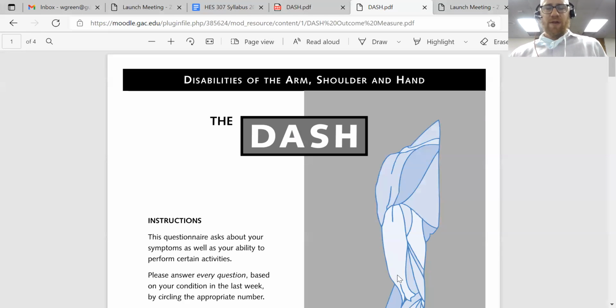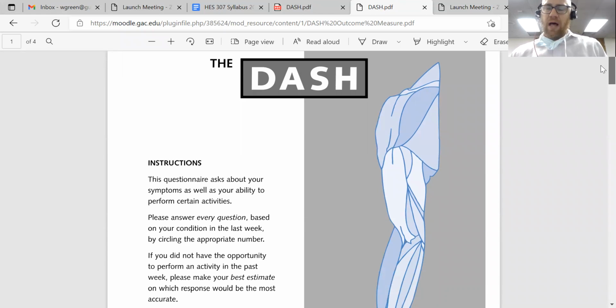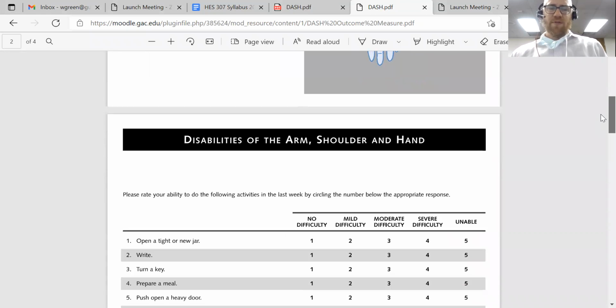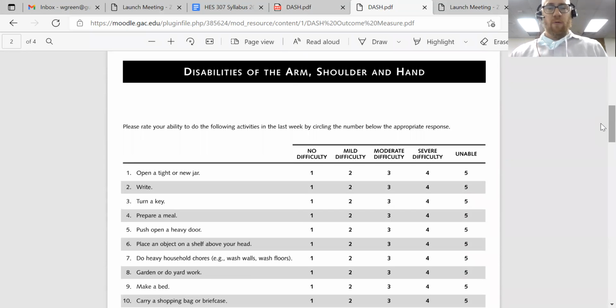So here's the DASH, the Disabilities of the Arm, Shoulder, and Hand, a very generalized blanket score. I've posted this for you because the patient would scroll through this form. Let's say you're seeing them for the first time and you're wanting to collect data on exactly what they're describing as their impairments.